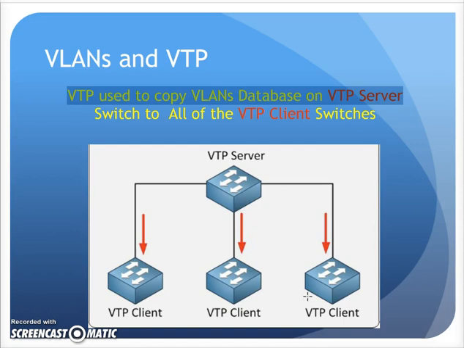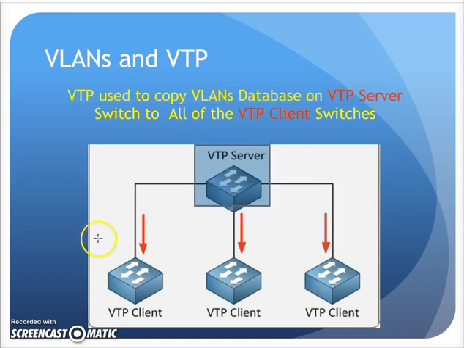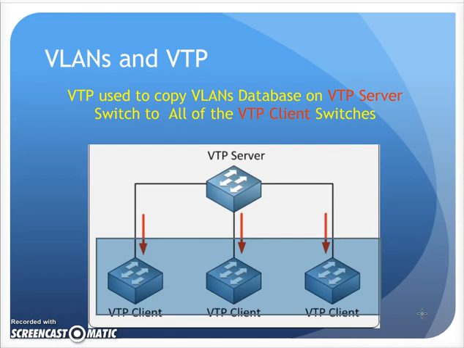That way you have the same VLAN database and you have the same VLAN 10, 20, and 30 that I'm using. And that allows me to configure one switch here and the other ones go along for the ride. So if I do have a large switch infrastructure, I can configure this to kind of reduce my config load. That's your VTP, Cisco VTP protocol.